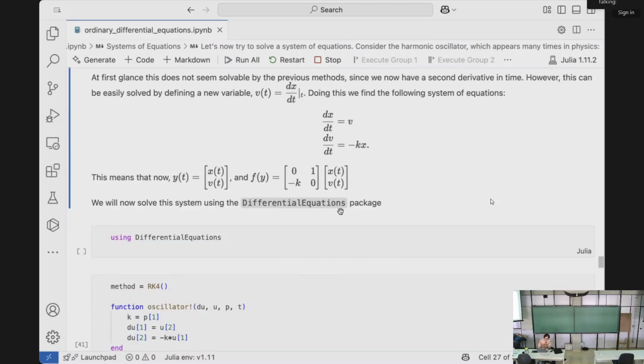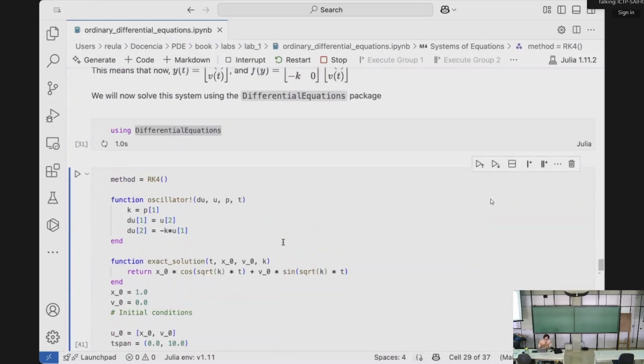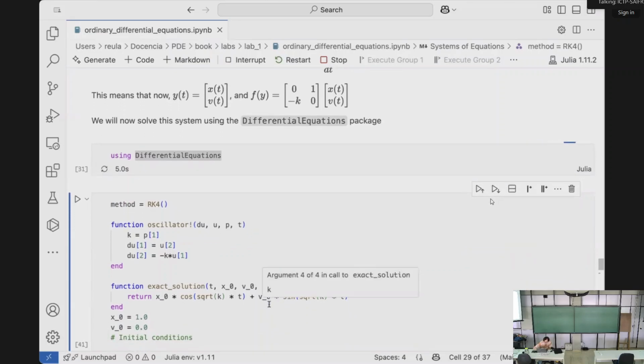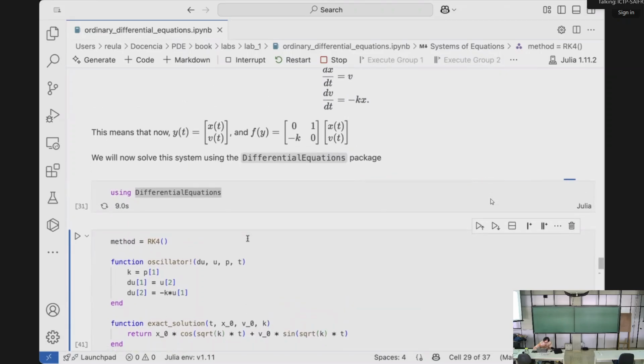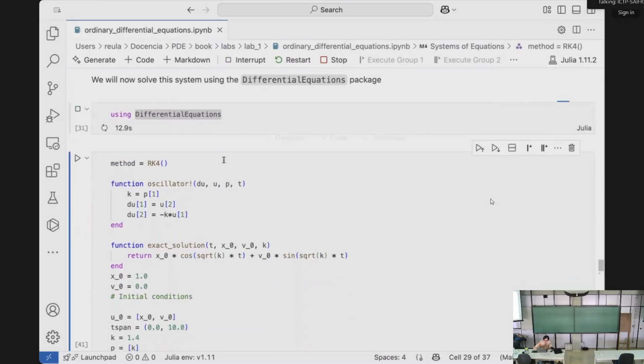And to solve this, we will use the DifferentialEquations package, so we don't have to continue to define all our methods. I hope it runs this time, because this is the first time it was installed on this computer, and it took a while before. But okay, it ran.